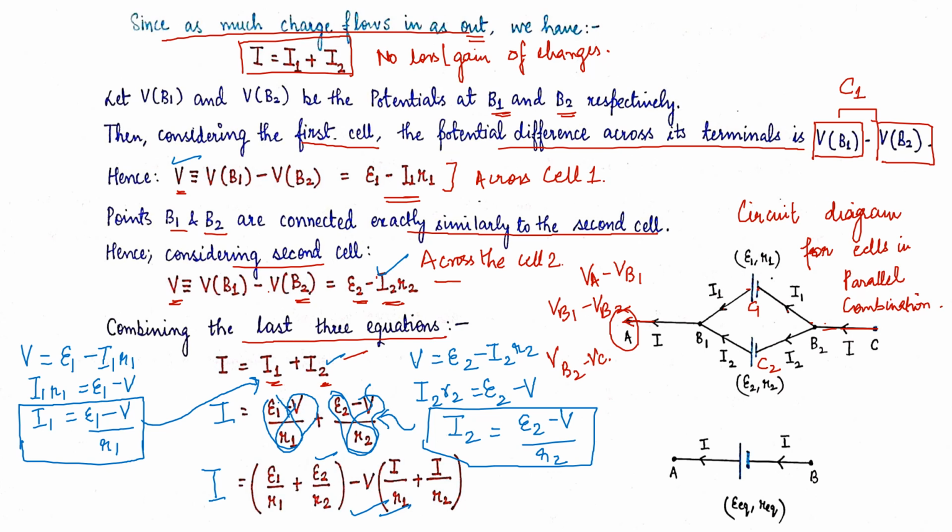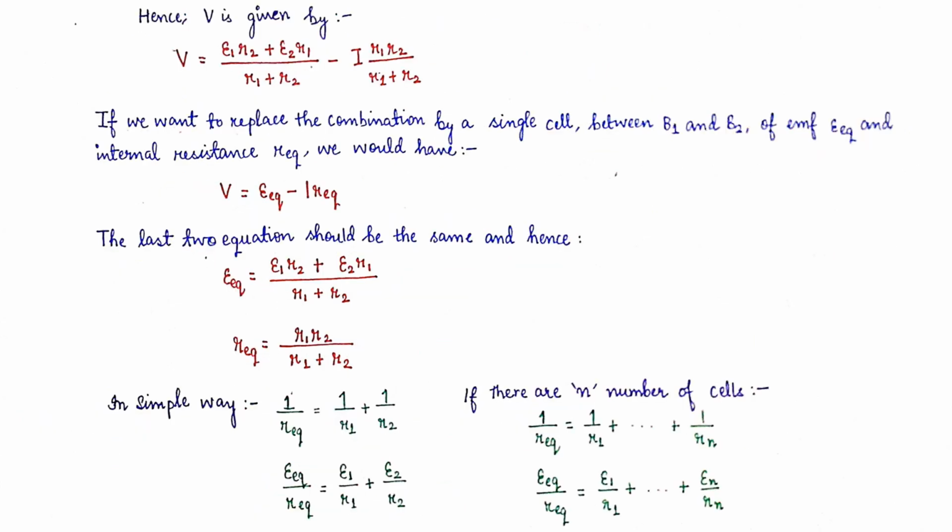Now moving on to the next. Hence potential V is given by this formula: V equals (epsilon 1 R2 plus epsilon 2 R1) divided by R1 plus R2, minus I into R1 R2 upon R1 plus R2. This is the potential across the cells C1 and C2 combined parallelly with each other.